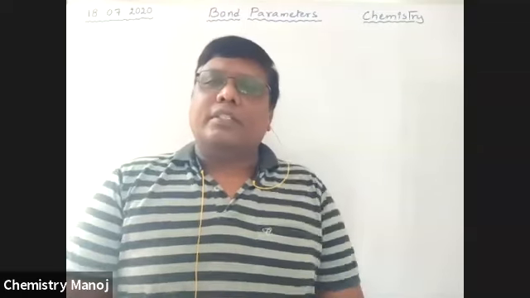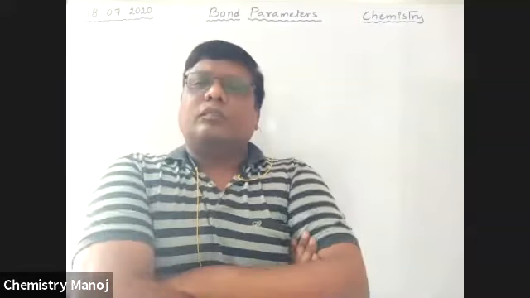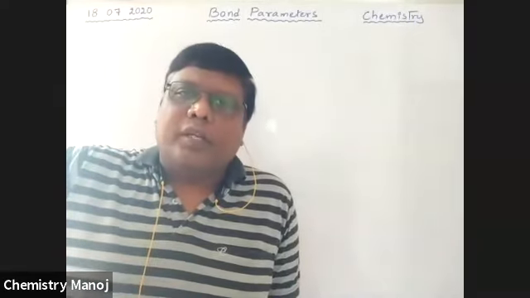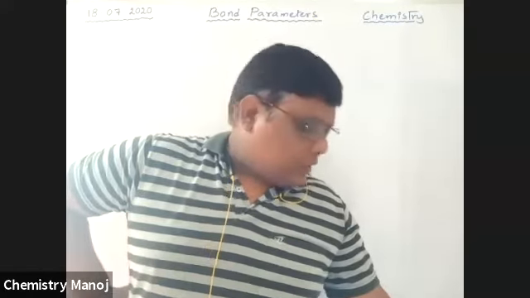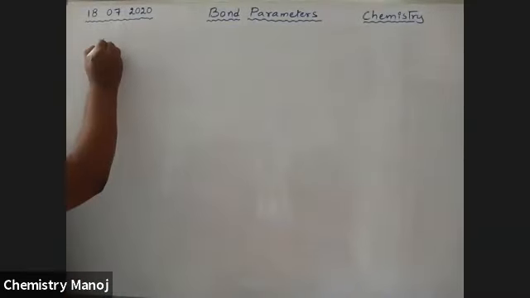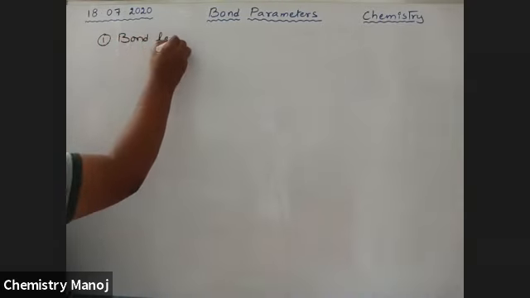We are going to discuss some simple topics about the covalent bond and its parameters, the bond parameters. In these bond parameters, we are going to discuss, one, bond length.